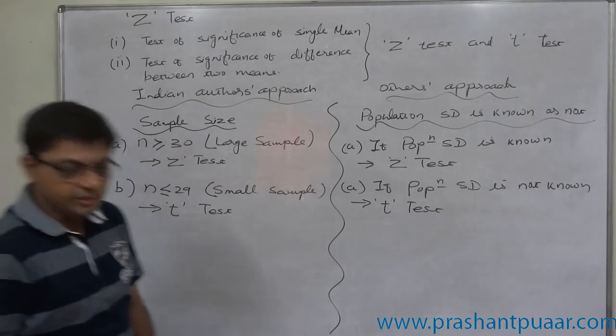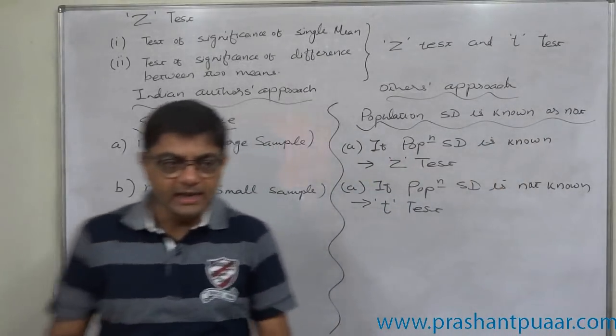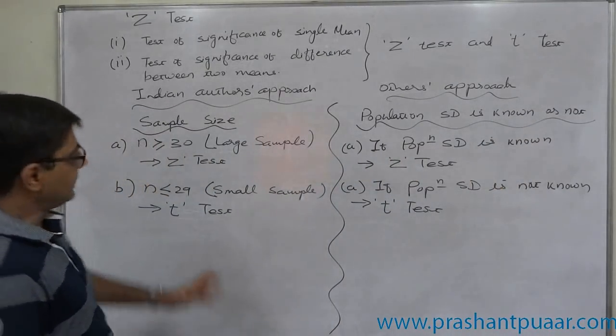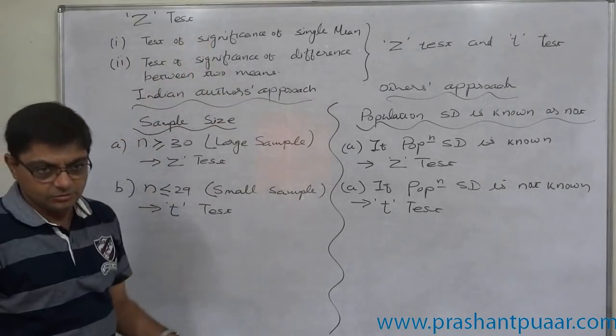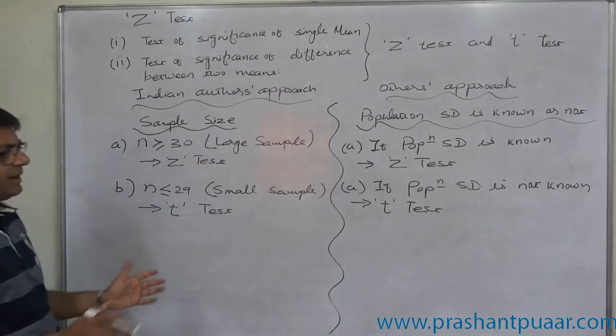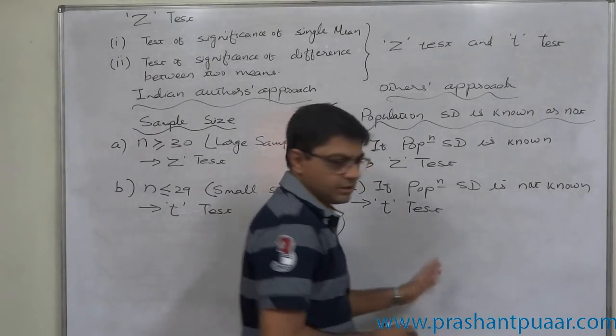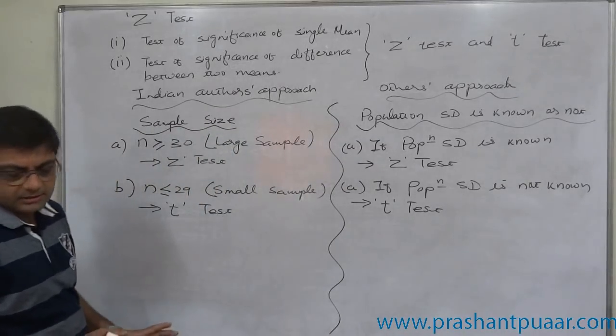If sample size is 30 or more, treat it as large sample, and for any large sample, any parametric test is to be performed as Z-test only. Now, actually, we cannot arrive at any conclusion on the basis of these 2. We just have to follow our seniors.